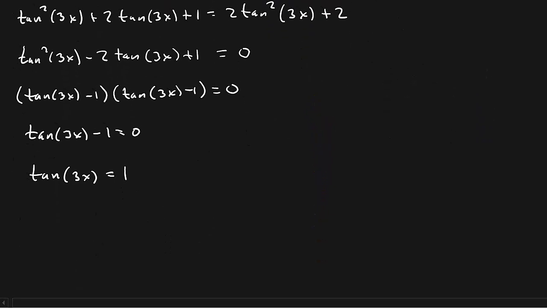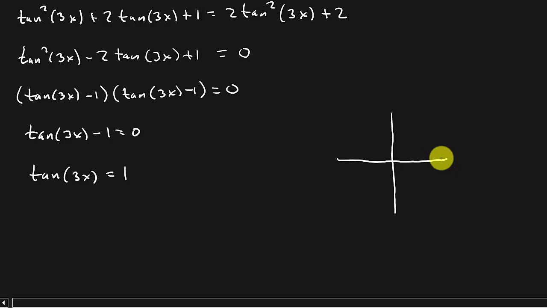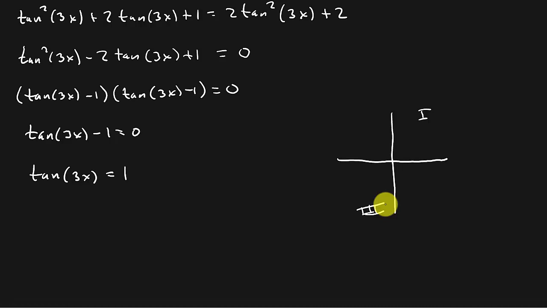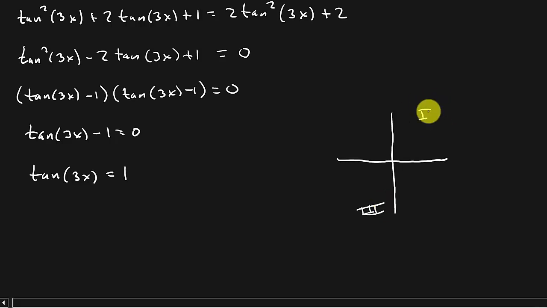All right, so let's see what we've got here. Tangent is equal to a positive, so that means I'm in the first and third quadrant. Remember, we've got to find our reference angle, but is our reference angle a solution? Yes, it is a solution because one of my solutions is in the first quadrant. And so I get 3x is equal to, well, the tangent of what is 1?